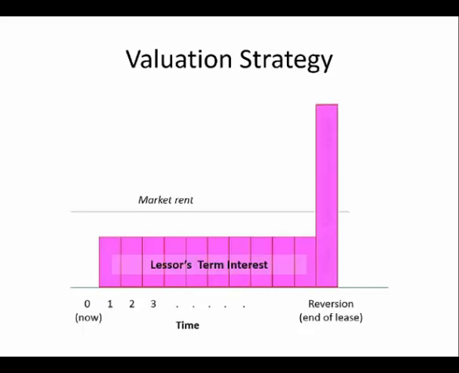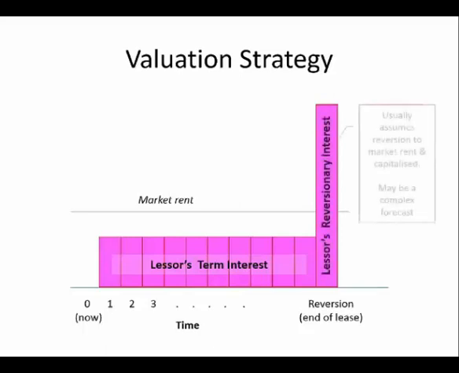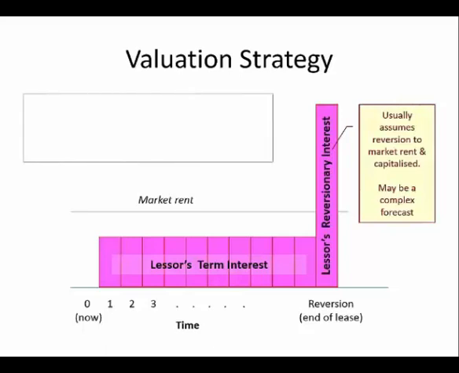When we get to the end of the lease, we assume that if the landlord has got himself tied up into a lease which is only returning less than market rent, then he'll be able to write a new lease which will bring the rents up to market, or maybe find a new tenant. Whatever happens, we usually assume that at the end of the lease, the remaining value, what we call the reversion, the land's interest, the value of the land, reverts back to the true owner.